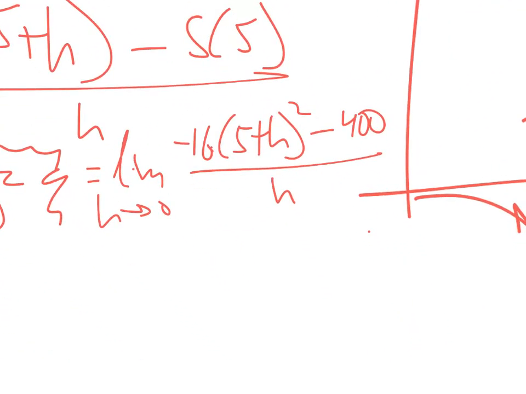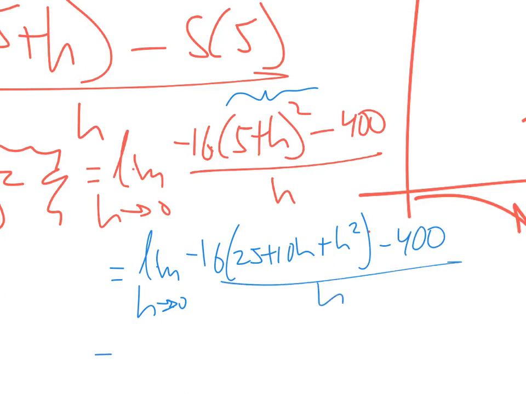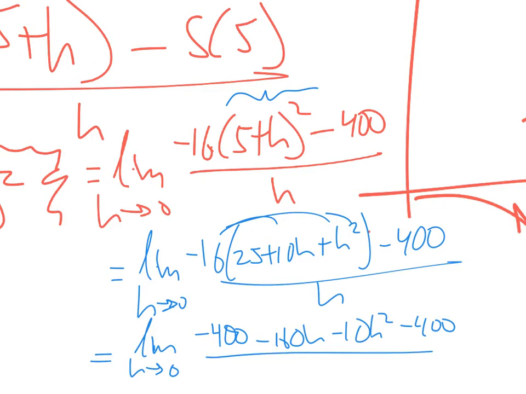We can't just substitute 0. So we need to go ahead and multiply this top part out here. And we're going to have the limit as h goes to 0 of negative 16 times 25 plus 10h plus h squared, minus 400, all over h. And then when we distribute this out, I got one little mistake here.